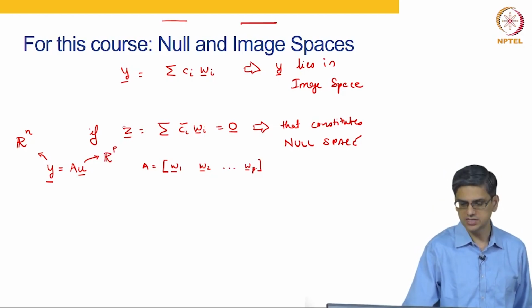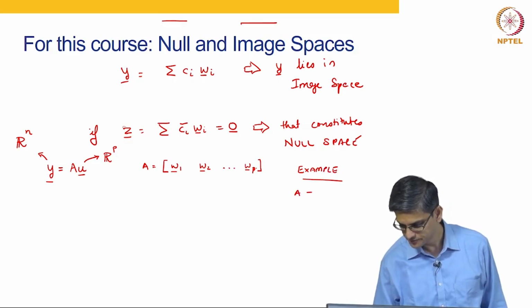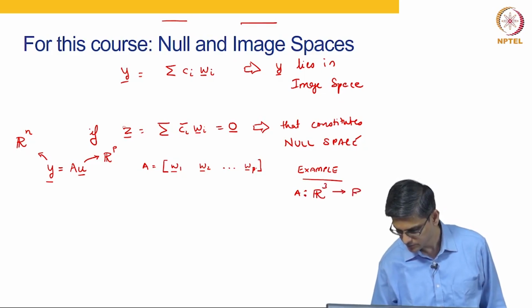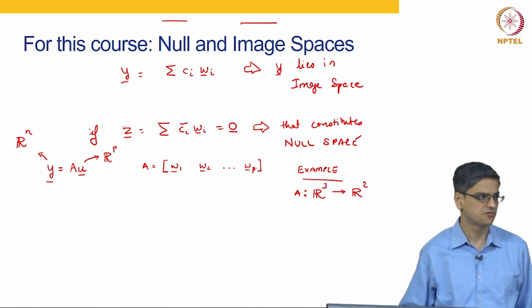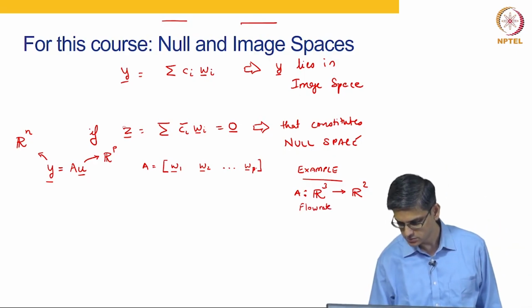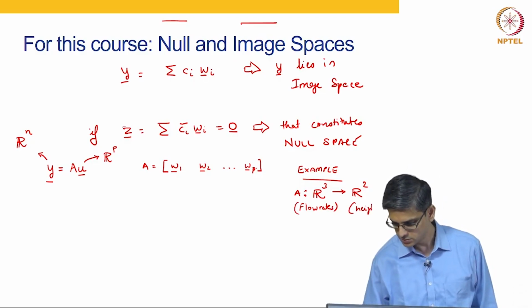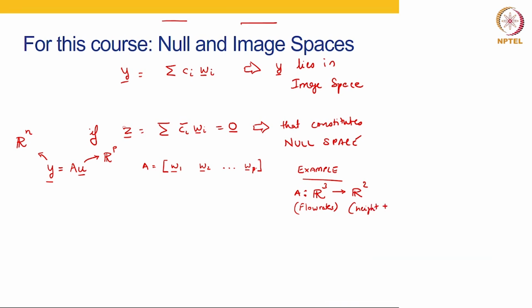Okay, we took this example where A was an operator that transforms from a flow rate space to height plus concentration space, right.